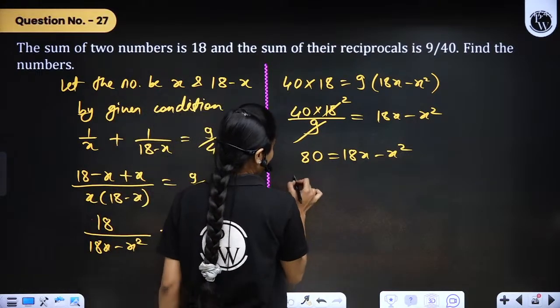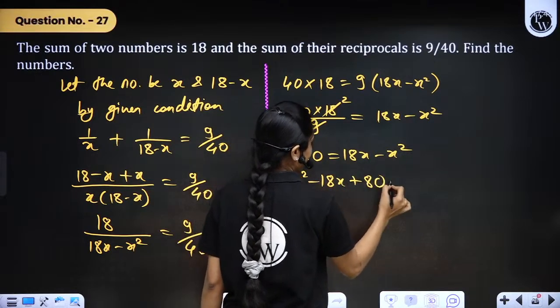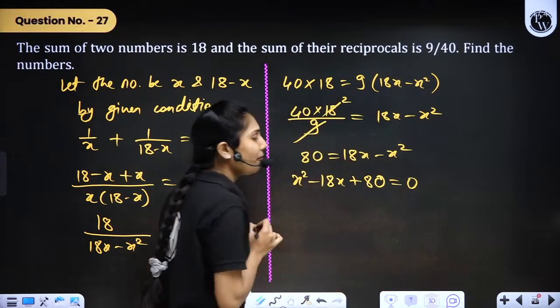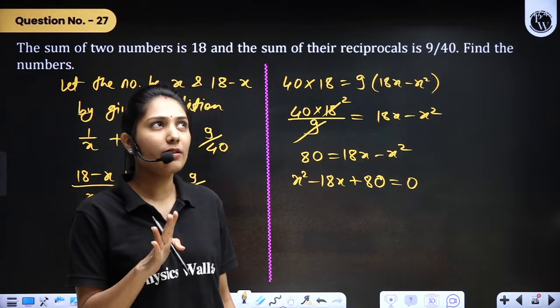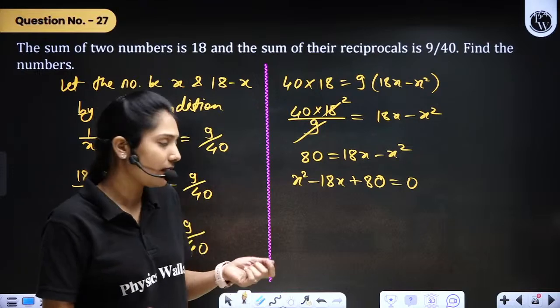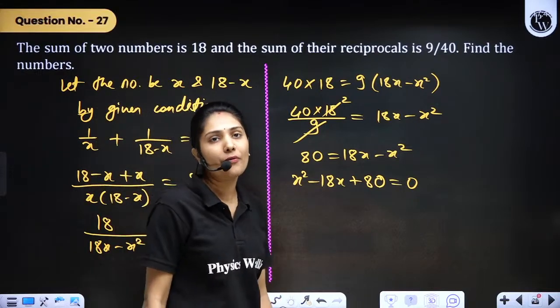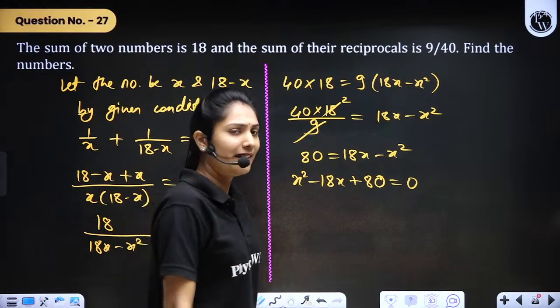So if we shift it further, x square minus 18x plus 80 is equal to 0. So we need the factors of 80 such that by adding those factors, the sum should be minus 18. So it's obviously minus 8 and minus 10, right?